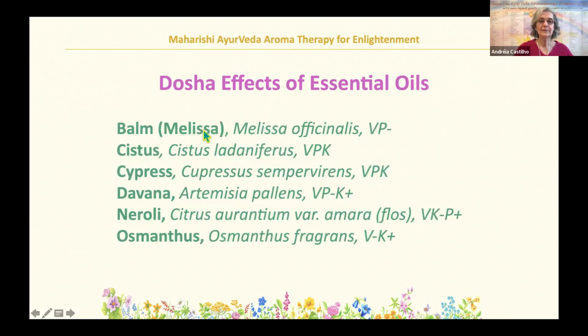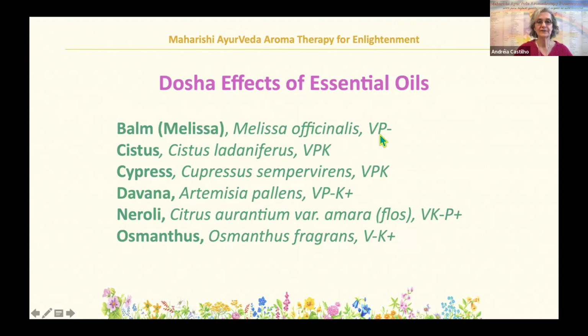So balm, Melissa, and these are the scientific names, by the way. They are important so that you know that this is the correct essential oil. So balm, Melissa, reduces Vata and Pitta. That's its dosha effect.